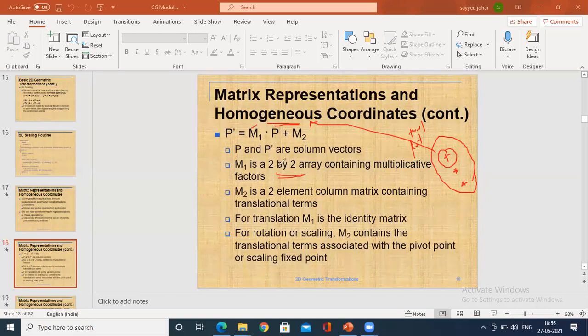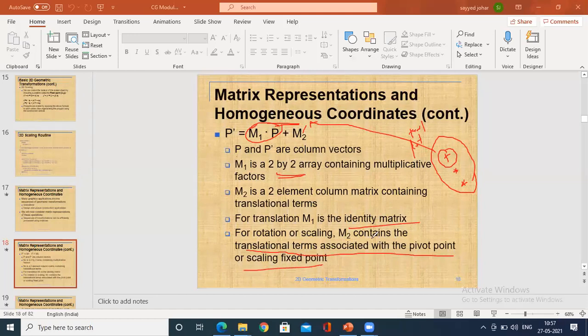Whereas translation doesn't use any multiplicative factor, so it uses an identity matrix, and this doesn't change anything. M2 is the translation factor, a column matrix containing the change in the direction of X and the change in the direction of Y. For rotation and scaling, M2 contains the translation terms associated with the pivot point.